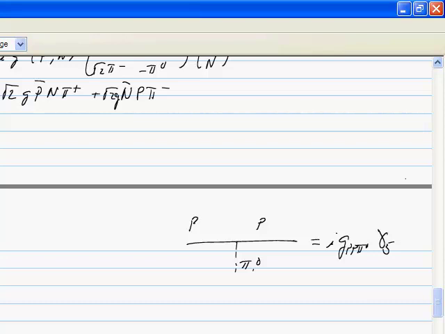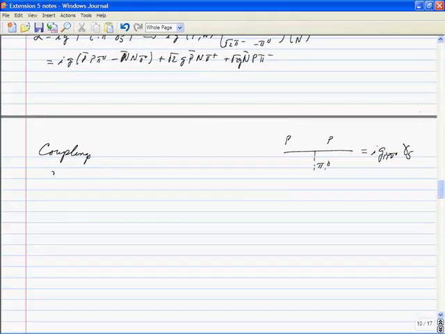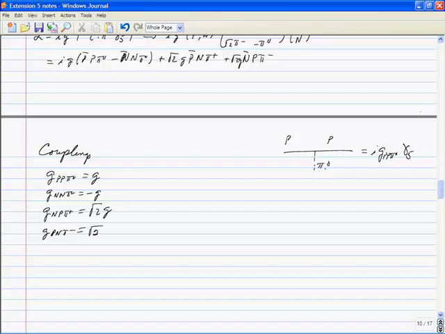Okay, the gamma 5 I've now just stuck back in there. So for writing out Feynman rules, we write that out. We then see that g_{p pi 0} is g, g_{n pi 0} is minus g, g_{n p pi plus} is square root of 2 g, and g_{p n pi minus} is square root of 2 g.